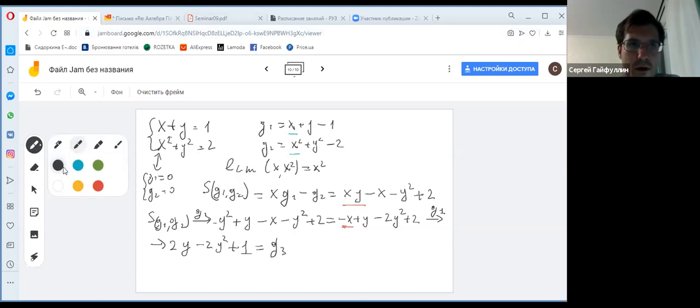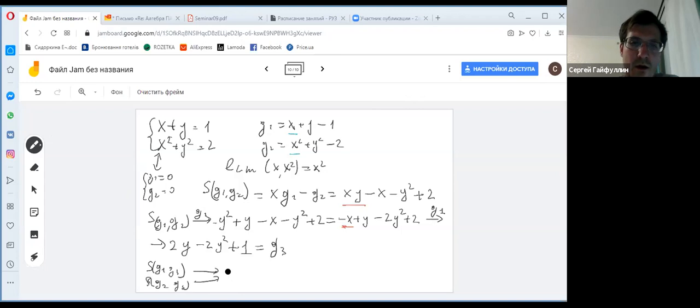Okay, and now we should compute the reminders of S(g1, g3) and S(g2, g3). But I understand that they all can be reduced to 0, because what is the leading term of g3? This is minus 2y squared.